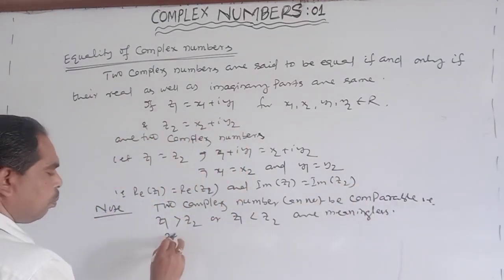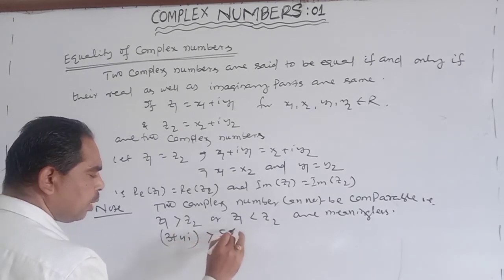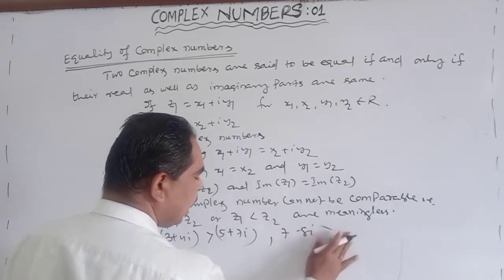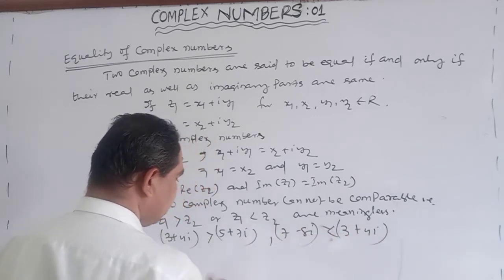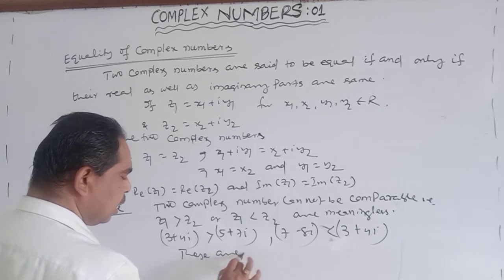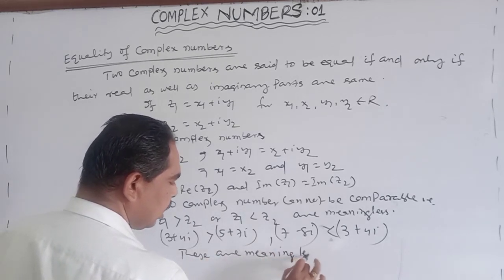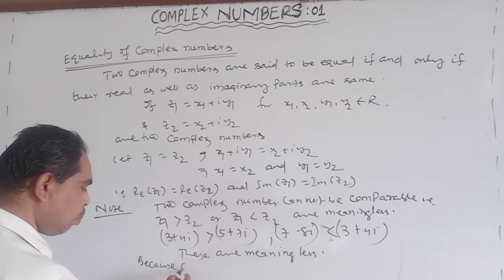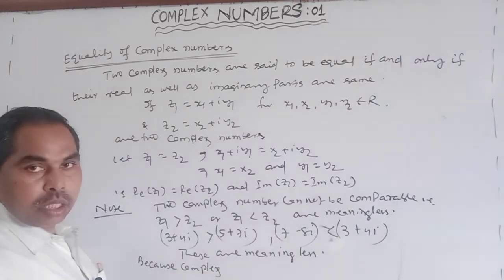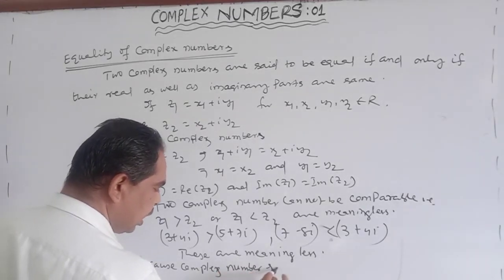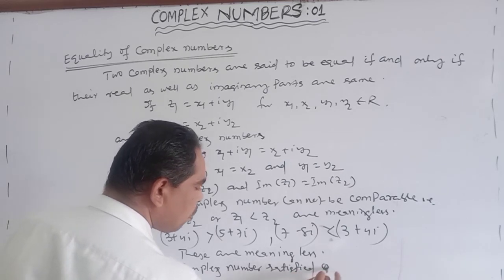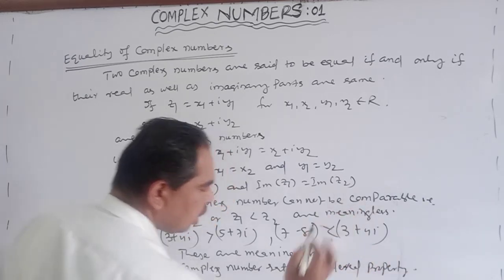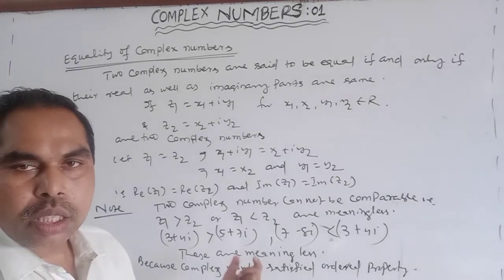For example, 3 plus 4i is greater than 5 plus 7i, or 7 minus 8i less than 3 plus 4i, these are meaningless, because complex numbers do not satisfy the order property. So they are not comparable.